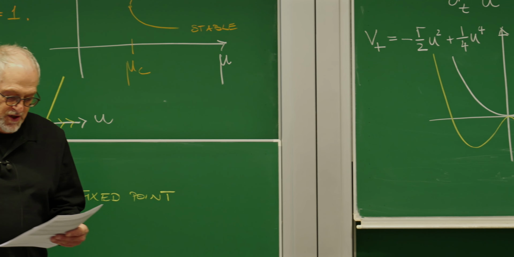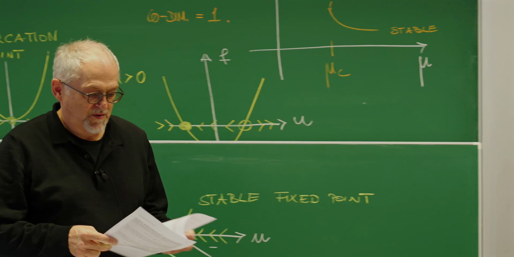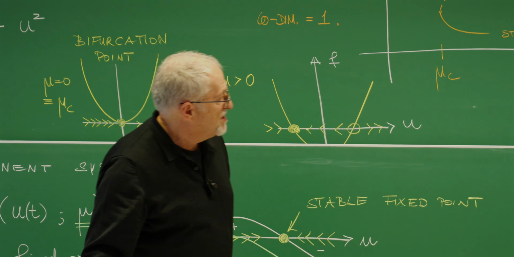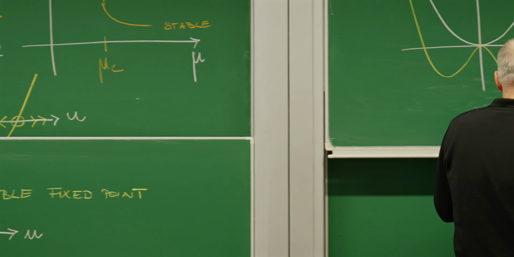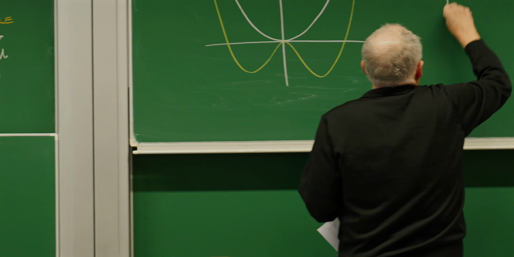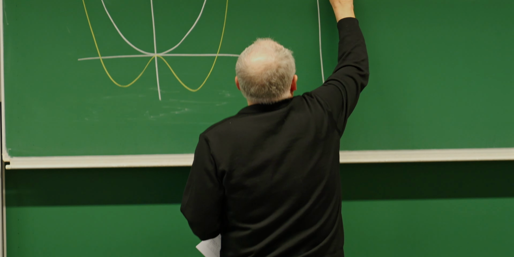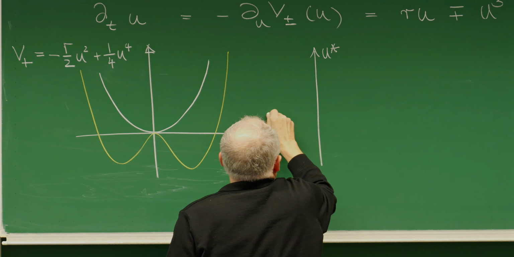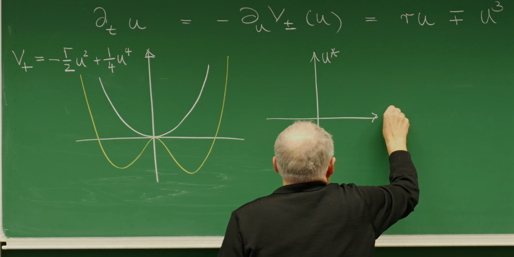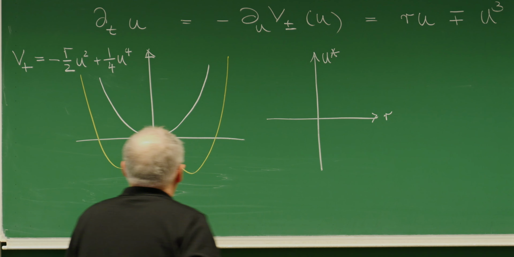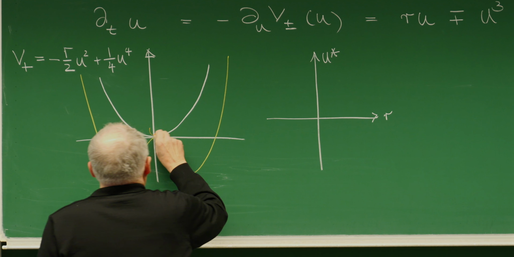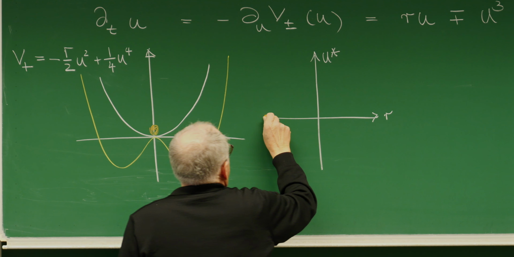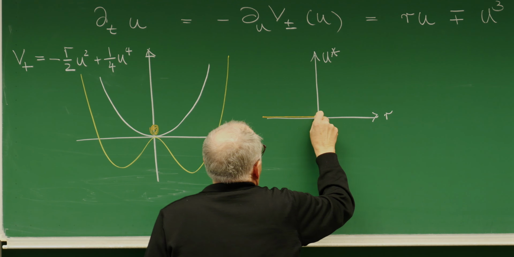And the feature of this is that as you start changing the control parameter, let me put this here as well. So here, as you have u star as a function of r, what you will have as a solution is first, for r negative, that's the only solution, and this is the branch you have.